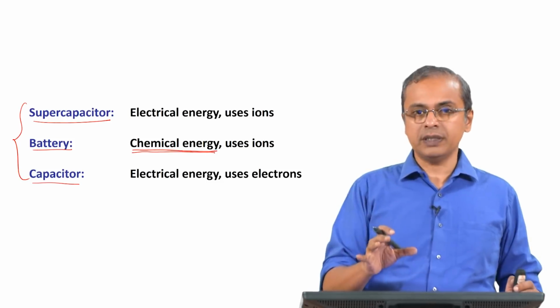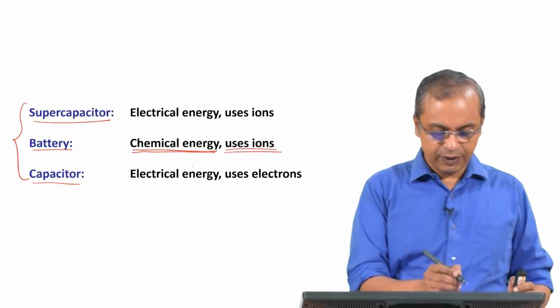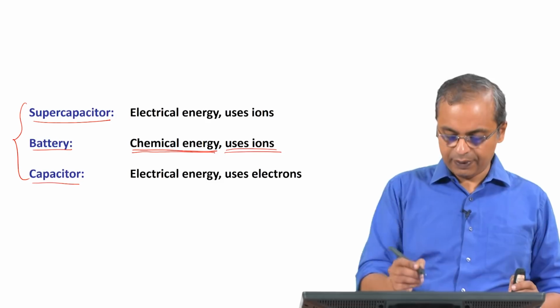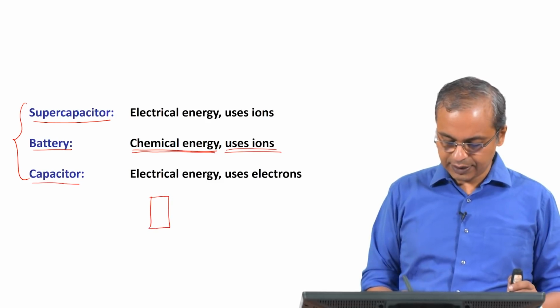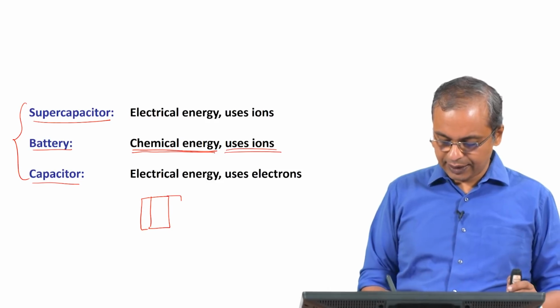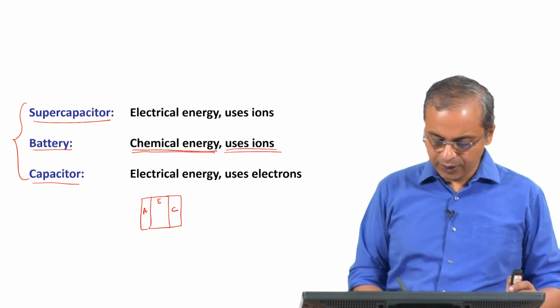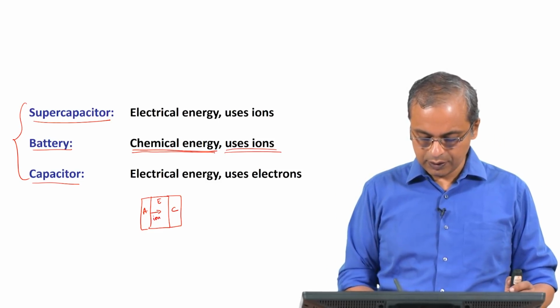And to do this process you are using ions. So, for example, in a battery you will have, as we just saw, anode, cathode, and this is the electrolyte, and you have some ions going across, right.